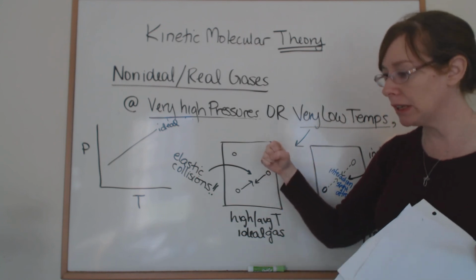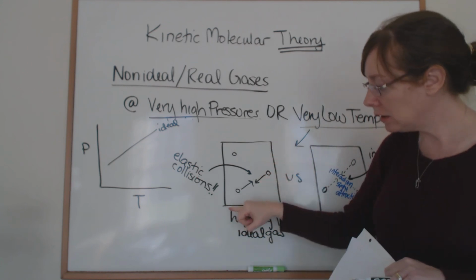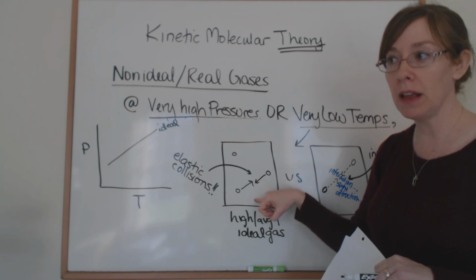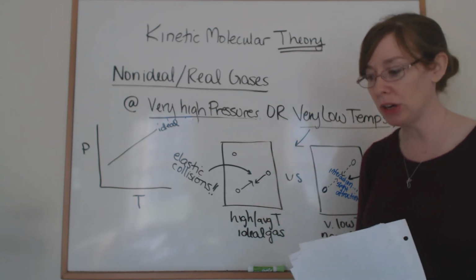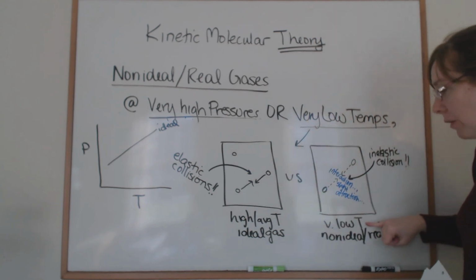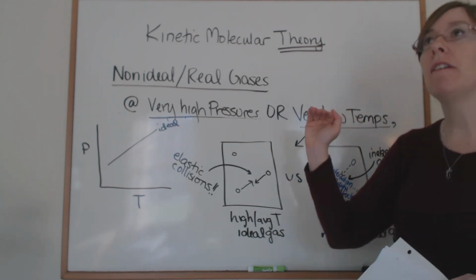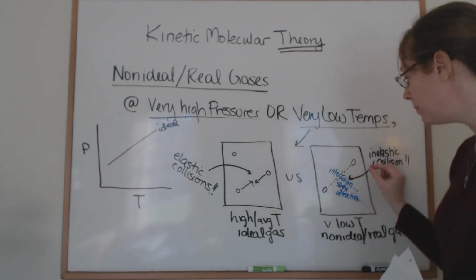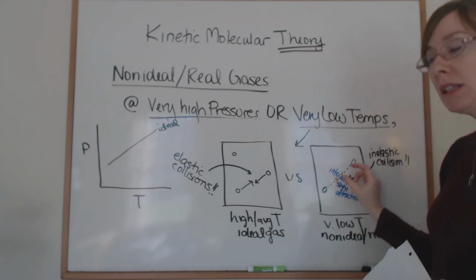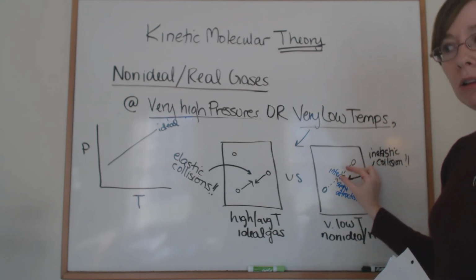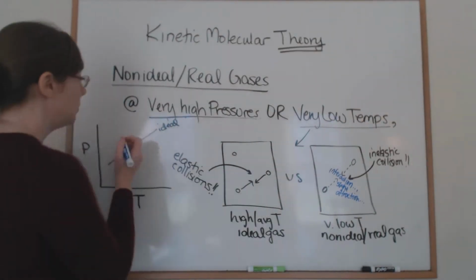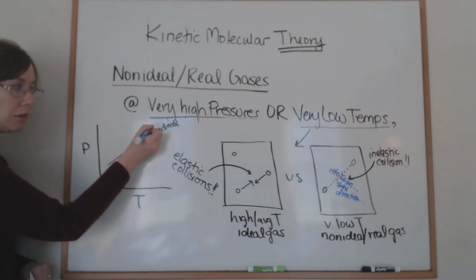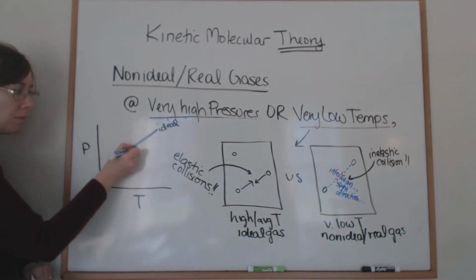So as they are moving slower, they collide less often and with less force with the walls of the container, which decreases your pressure. However, at very low temperatures, that effect will be even more increased because not only are they moving slower, but now they're interacting with each other a little bit when they collide. And so what you are going to see with a real gas is that at high temperatures, no big deal, everything's the same.